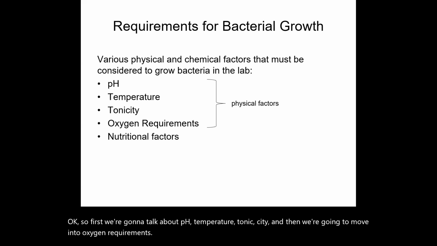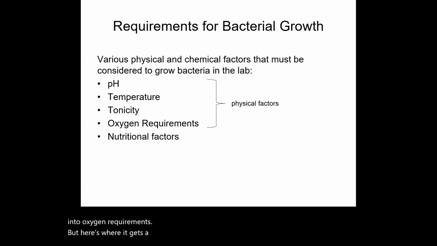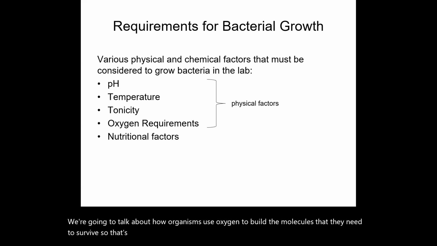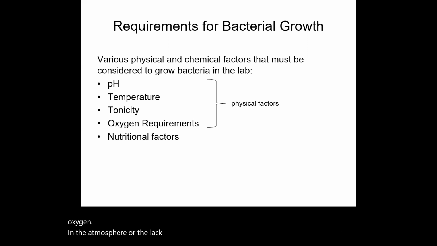But here's where it gets a little confusing. We're going to talk about how organisms use oxygen to build the molecules that they need to survive. So that's a chemical requirement or a nutritional factor. But we can also talk about oxygen in the atmosphere or the lack of oxygen in the atmosphere.